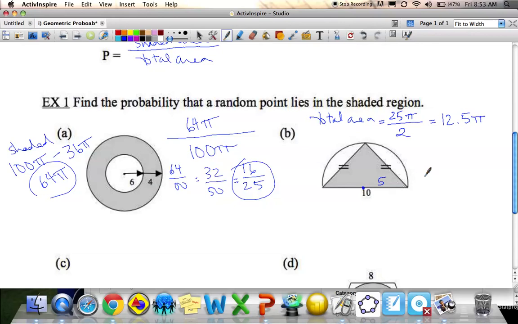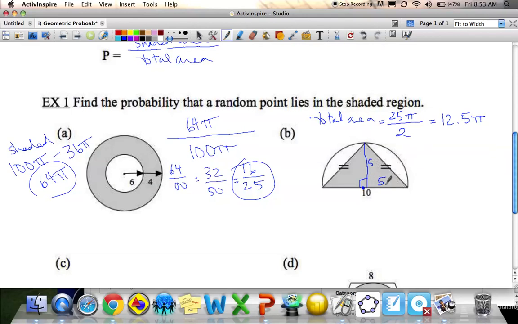Now we have to find the area of the triangle. Because this is an isosceles right triangle, we can drop an altitude, and let's see. Oh, this is also a radius, isn't it? Straight up and down. So this would have to be 5, wouldn't it?